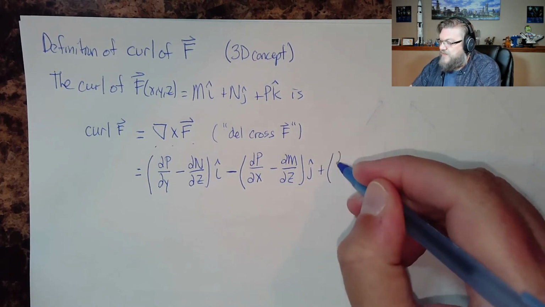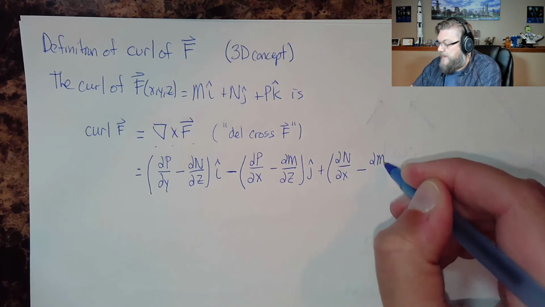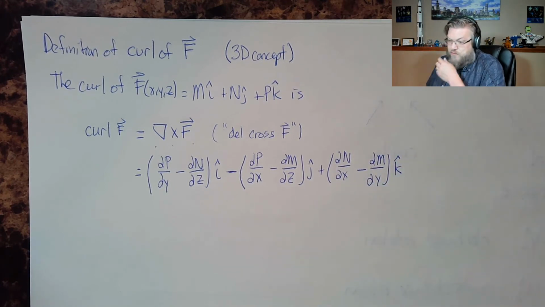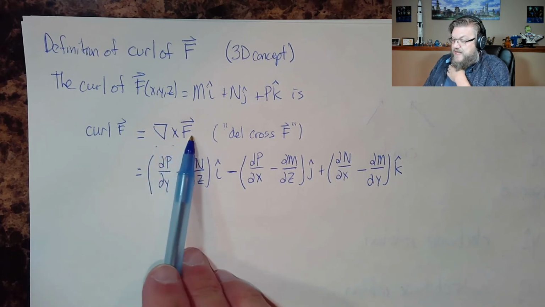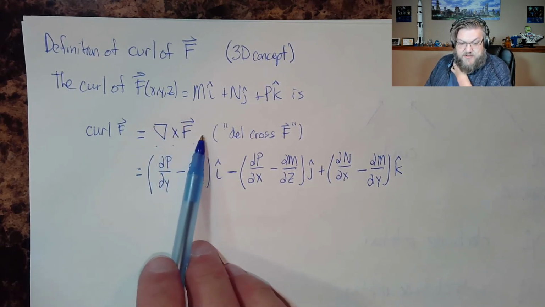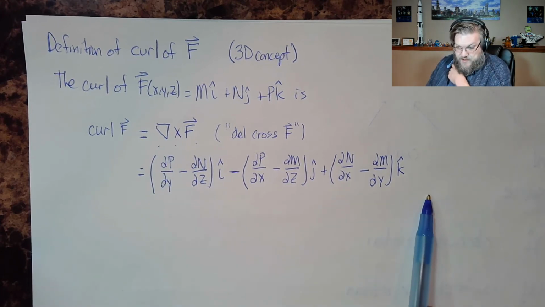Plus partial of n with respect to x minus partial of m with respect to y, k. No one memorizes it this way, right? So I do want you to think about this cross product, because this will allow us to calculate curls decently well without having to memorize this jumble of notation and letters, right?